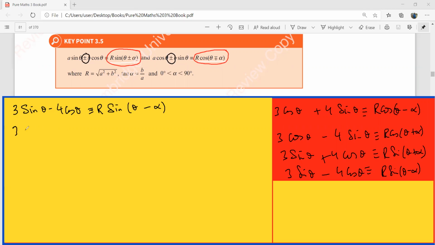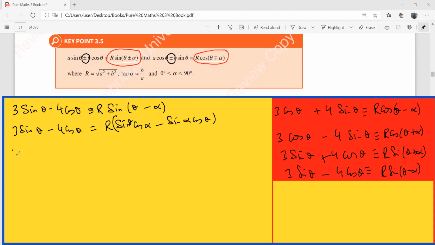I will expand the right hand side, and excuse me for just putting the equal sign here. So you know what is sine theta minus alpha? This is sine theta cos alpha, and then, there should be theta, then minus you have sine alpha and cos theta.